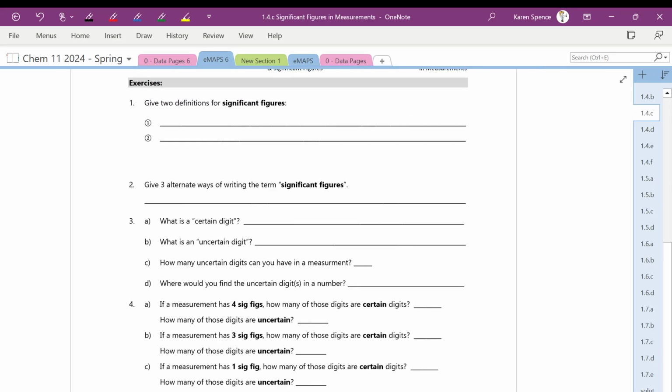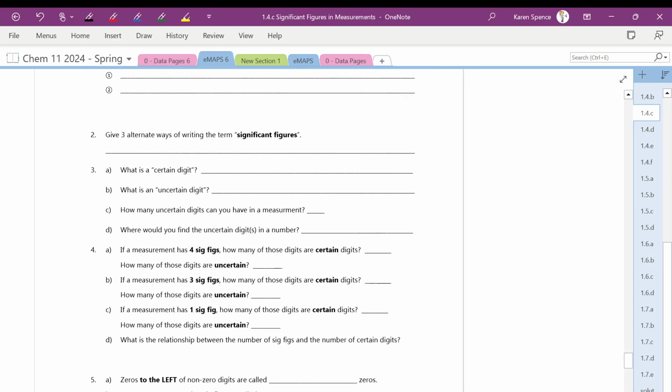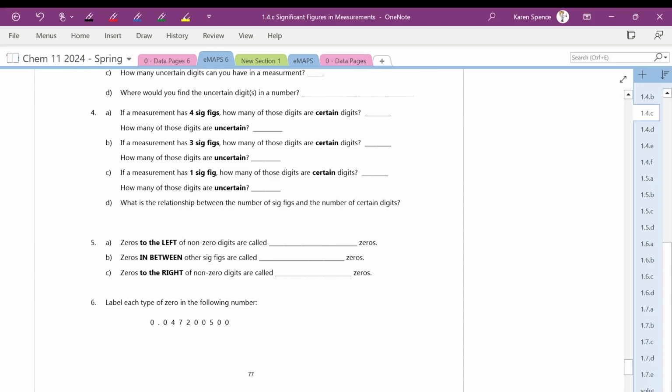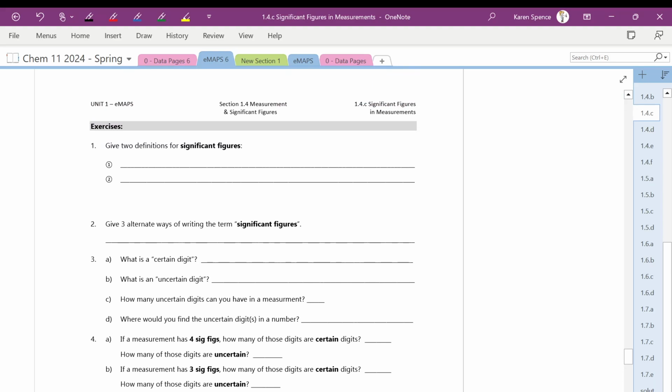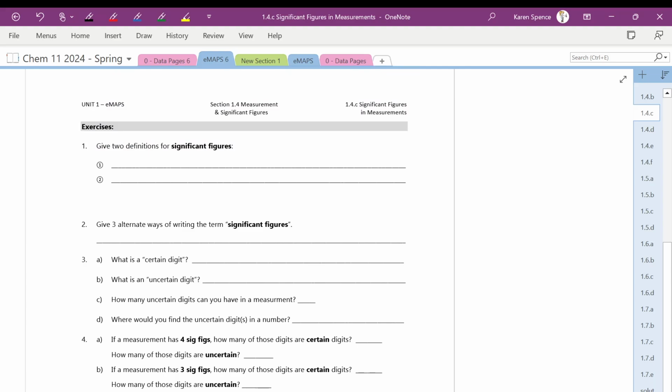So for homework, I would just like you to do page 77 and study for your accuracy and precision quiz. Don't be shy about asking for clarification if there's anything about accuracy and precision you don't understand.